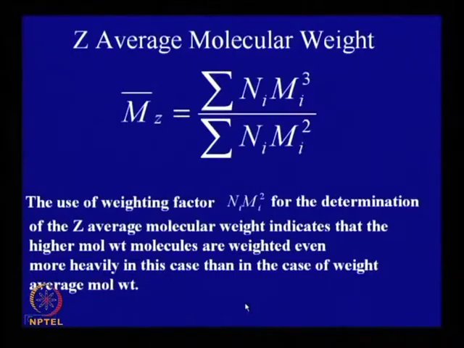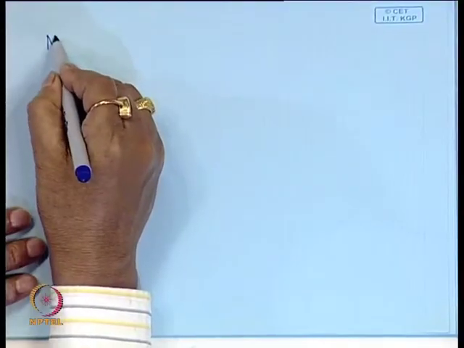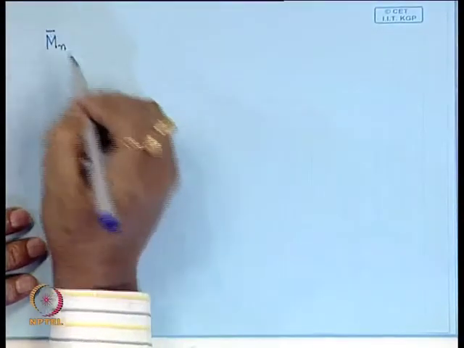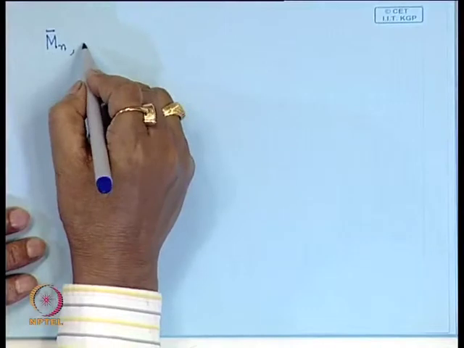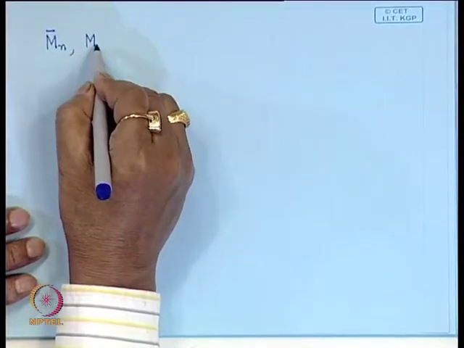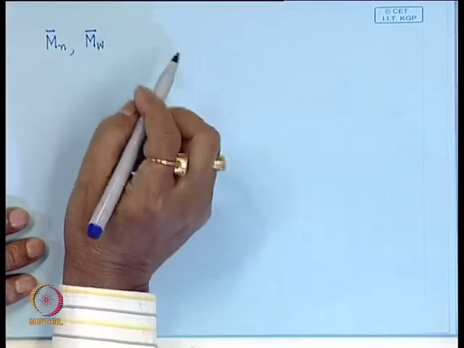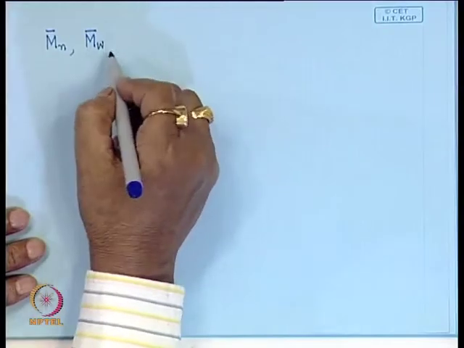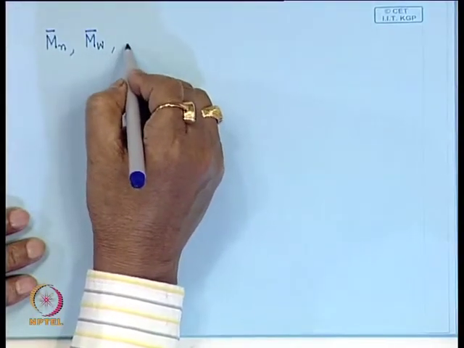Another parameter comes, the Z average molecular weight. So, what have we seen? We have seen that we can get the number average molecular weight, the weight average molecular weight, and the Z average molecular weight.